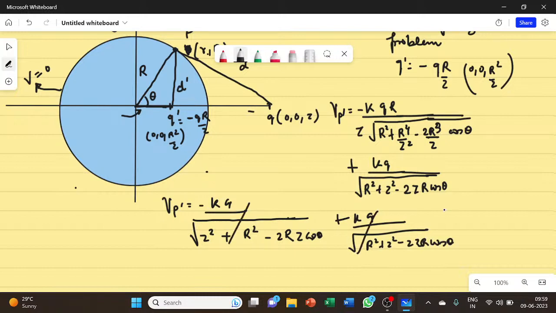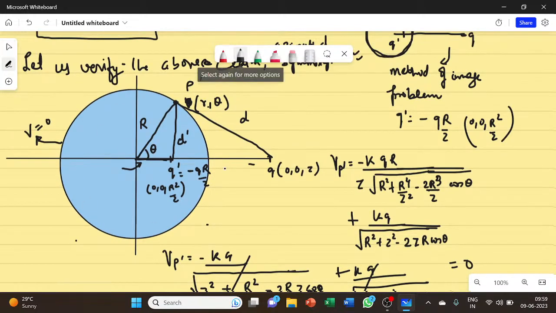Clearly this is 0. So at any arbitrary point on the conducting sphere, due to the placement of this charge q dash and this q, the potential is 0. This P dash was any arbitrary point, right? So at any arbitrary point you will get potential as 0.